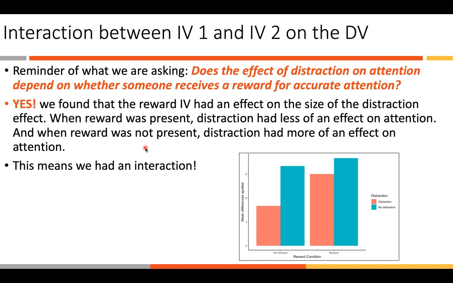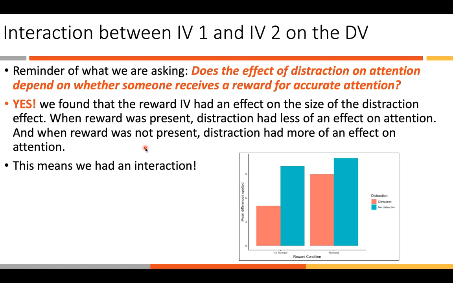Now, our interaction is this sort of combined effect. Does the impact of one variable depend upon the other one? These are much more difficult to sort of see or interpret. It's much more difficult for us to figure out what's going on in an interaction because it's the complicated part.